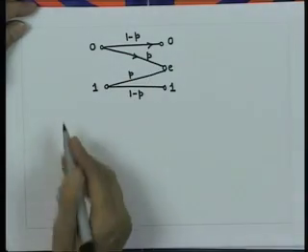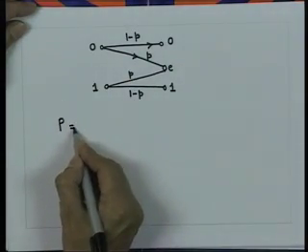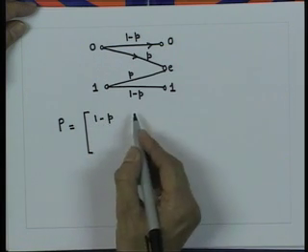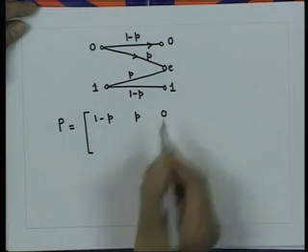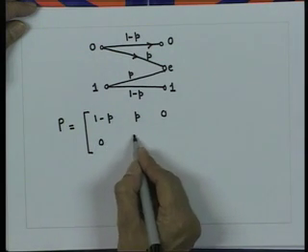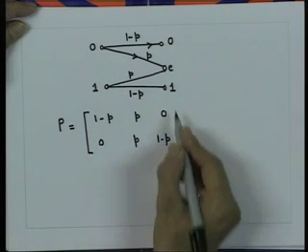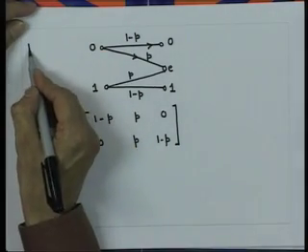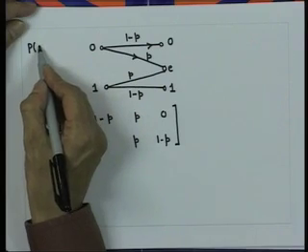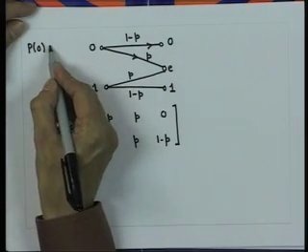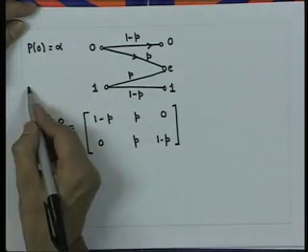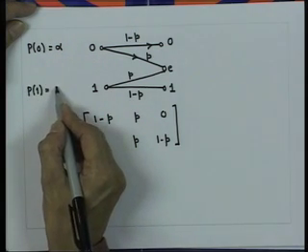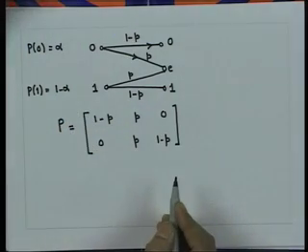The channel matrix for this channel will be as follows: 1 minus P, P, 0; 0, P, 1 minus P. Let us assume the probability of 0 at the input is equal to alpha, and the probability of 1 is equal to 1 minus alpha.